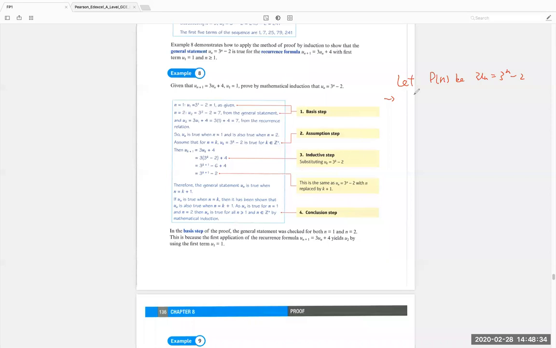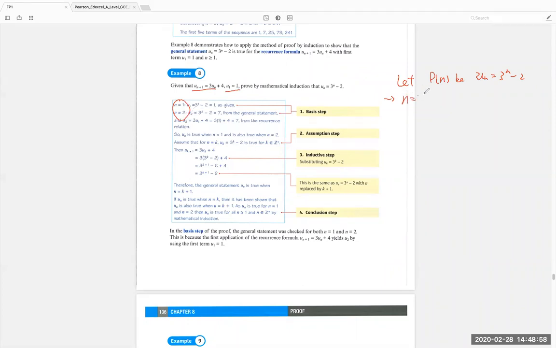But this one, they already gave you P1. So you need to prove that n equal to 2 is true and n equal to 1 is true. I don't know how to explain, but you need to prove that P1 and P2 are true also.